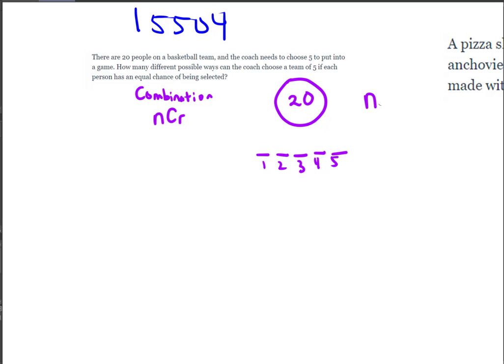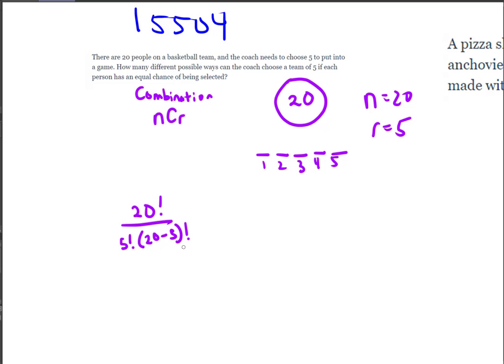So once again, my n equals 20, my r equals 5, and I'm going to go ahead and do the formula because, you know what? Why not? Now, you don't have to, but I want you to see that it still works out. So I have n factorial, which is 20 factorial, over r factorial, which is going to be 5 factorial, times 20 minus 5 factorial.